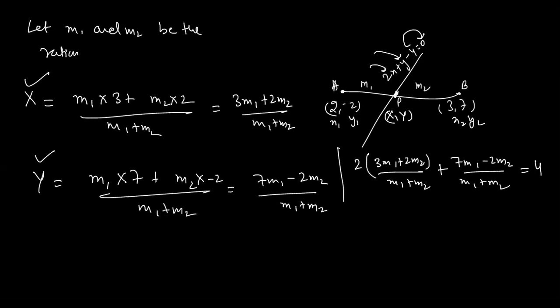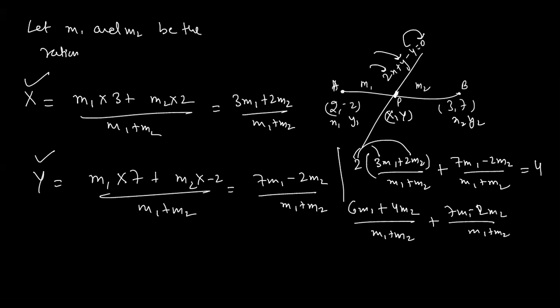Now you can multiply this one with this one and this one. So when you multiply, you will get 6m1 plus 4m2 upon m1 plus m2 plus 7m1 minus 2m2 upon m1 plus m2 is equal to 4.